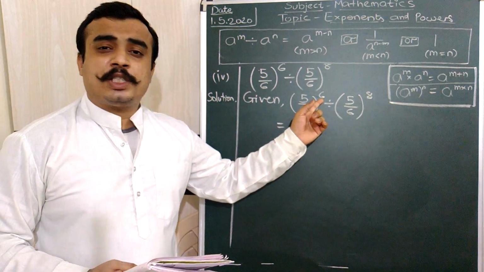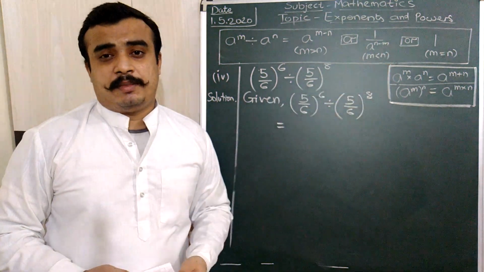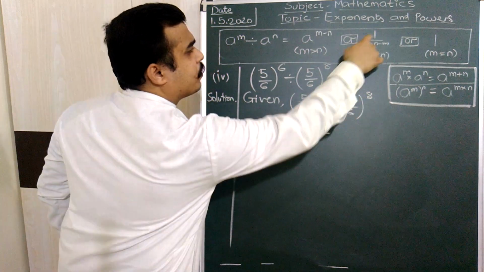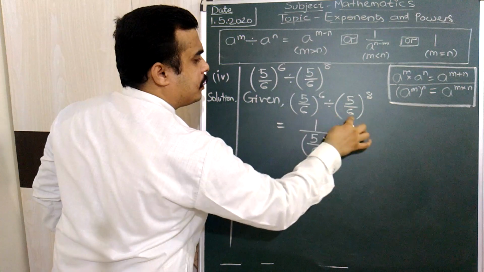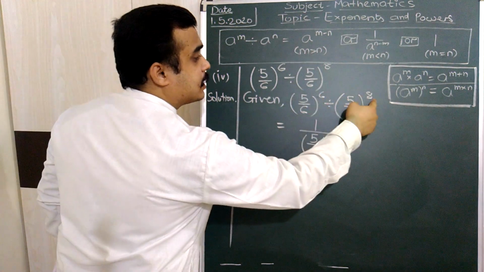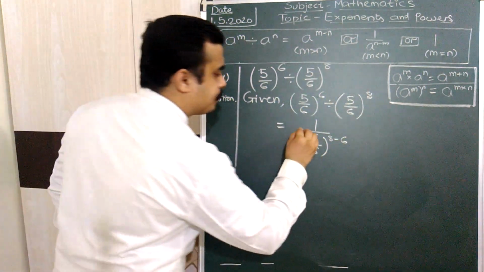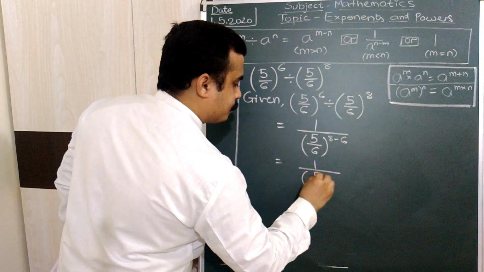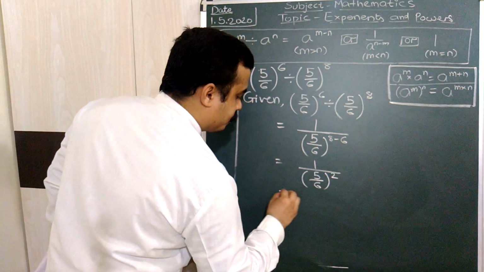So here the first power is less than the second power. That means we have to go for this possibility. So here we will have 1 upon the common base, 5 upon 6. So what about the powers? Second minus first, that is 8 minus 6. So 8 minus 6, that is 2.